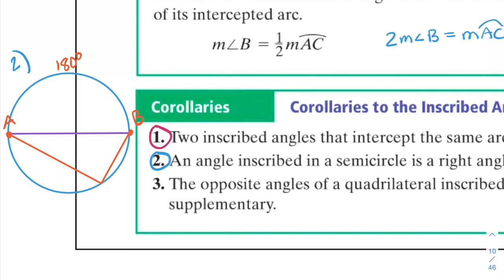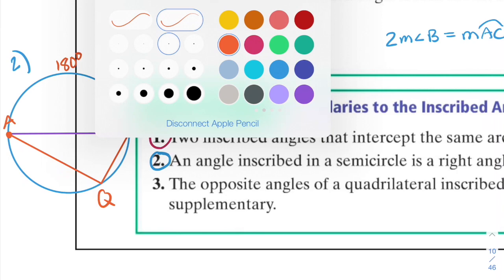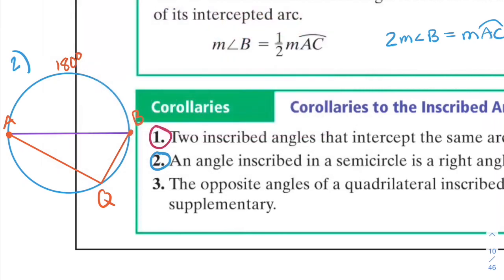Let's call it AQB. If that arc is 180 degrees, then any inscribed angle in this semicircle is going to be a 90-degree angle. It's always going to be a right angle. Doesn't matter where you put it either.